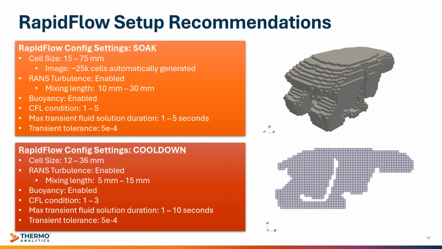Choosing different values within these ranges can help you to optimize for fidelity versus simulation runtime. For all RapidFlow models, the mesh for the fluid domain is automatically generated, and it's going to look something like the image on the right-hand side.